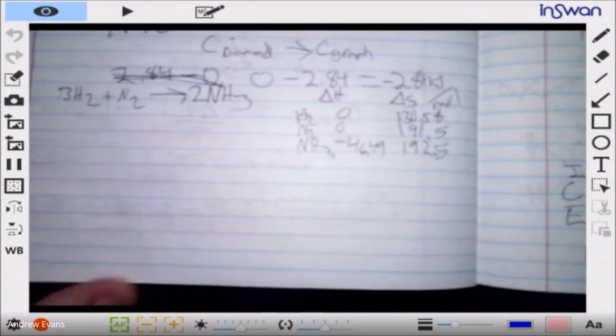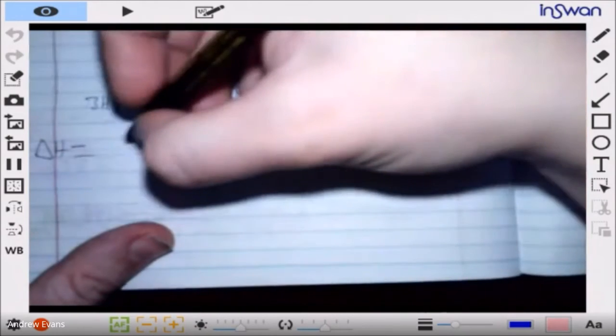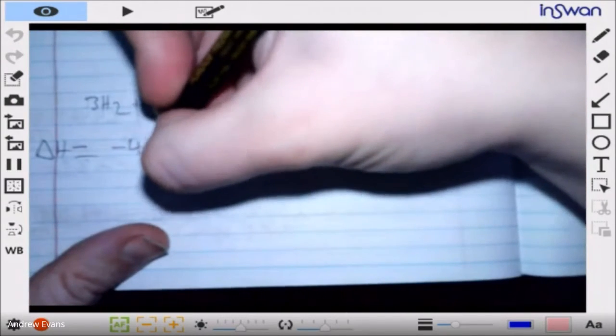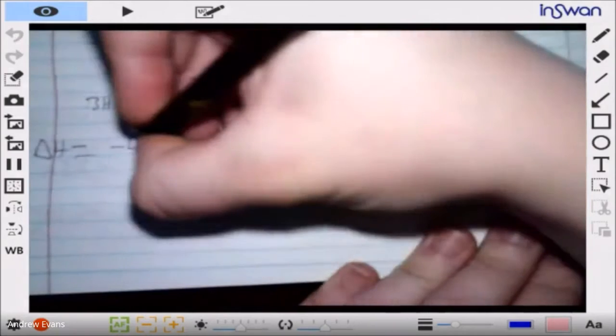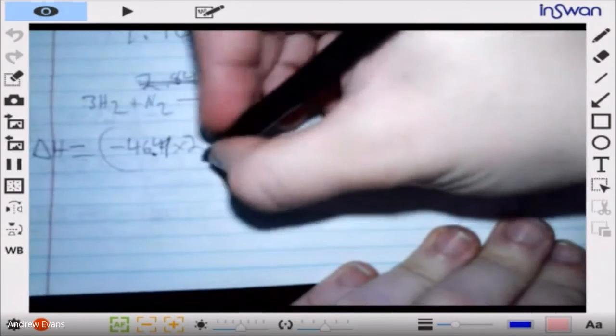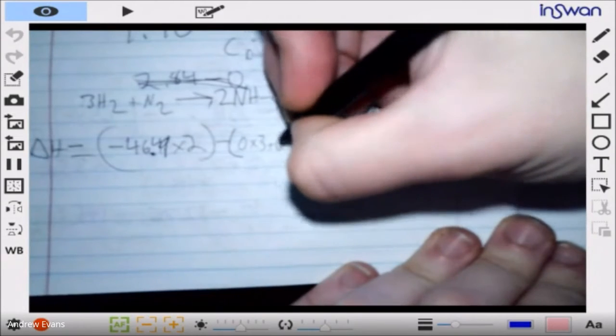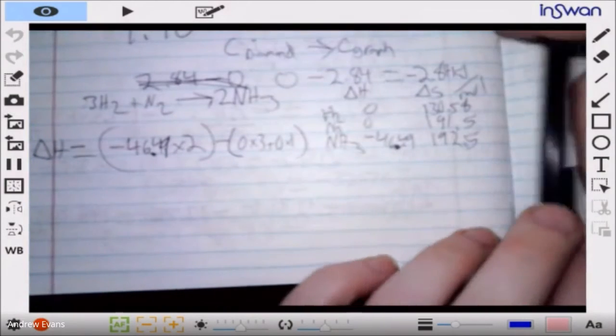Going to the DocCam, we're going to calculate our delta H and our delta S. Delta H is really easy because half of these are zero. So it's negative 46.49 times 2, minus 0 times 3 and 0 times 1, essentially minus 0.